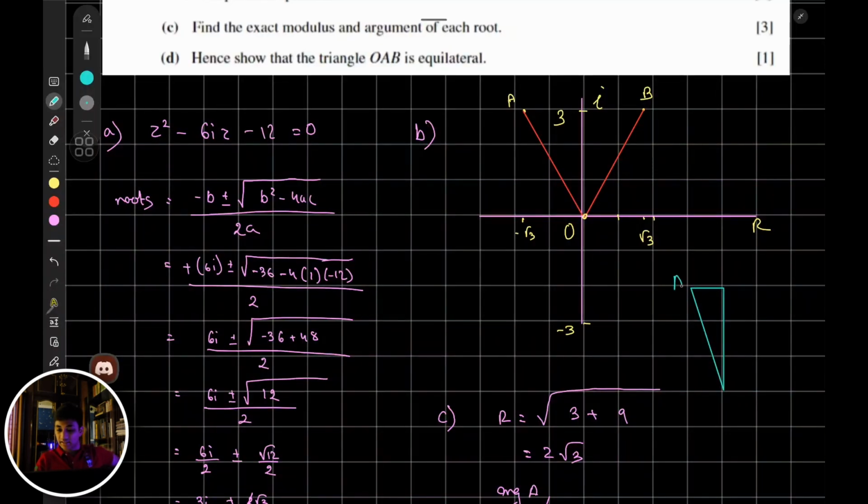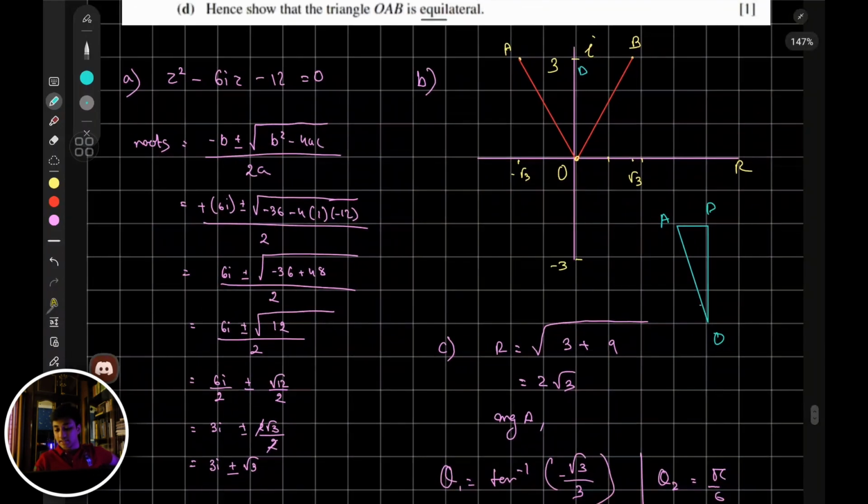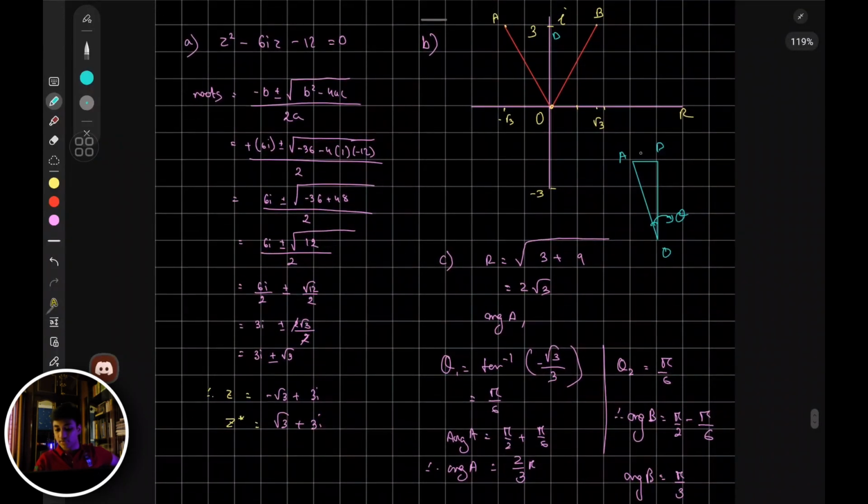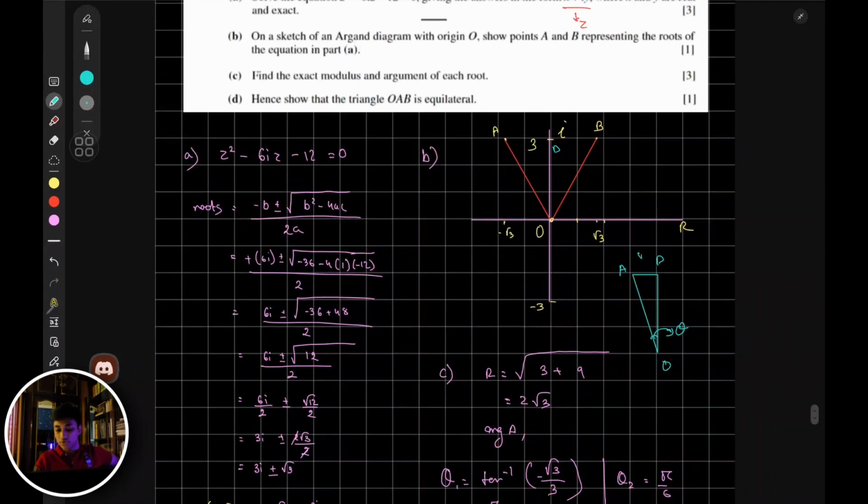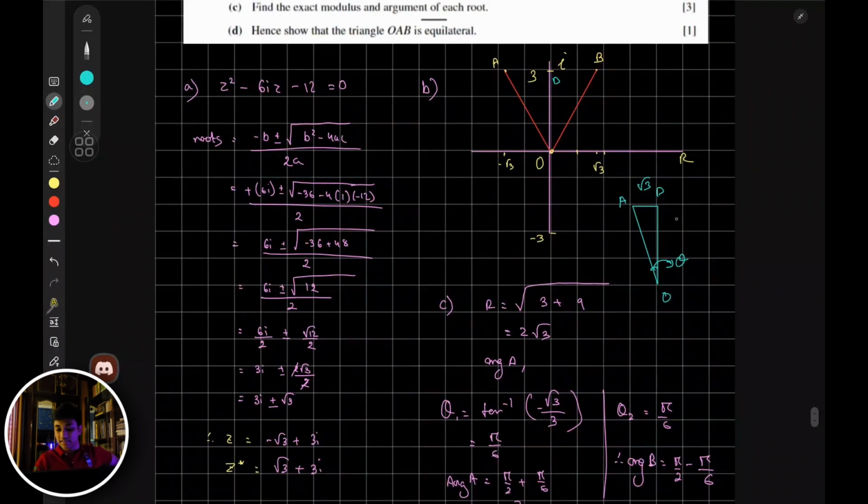representing the triangle A, let's say this is D, A, D and O, this theta can be found out by tan inverse of opposite, which is AD, which is supposed to be root 3, over the distance of this, which is supposed to be 3.